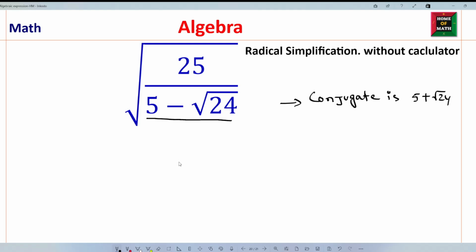So we will multiply 5 plus root 24 in the numerator and denominator.